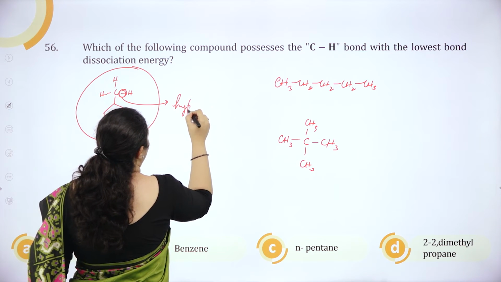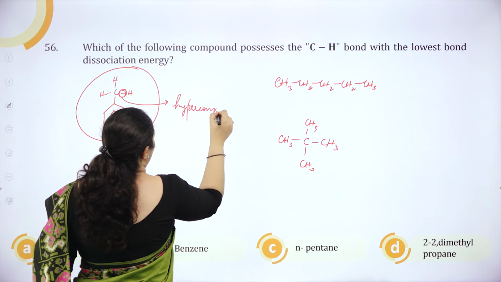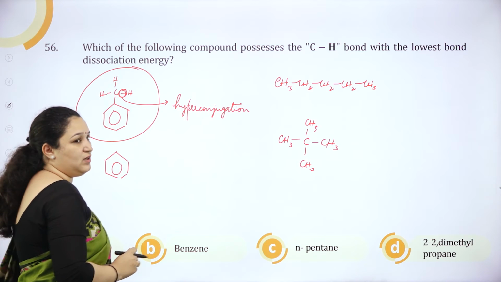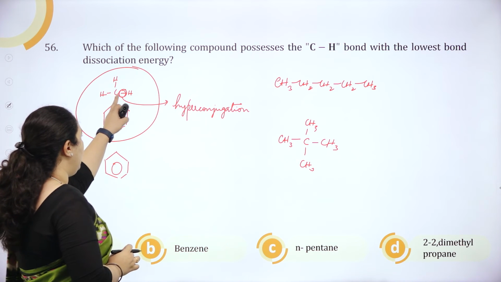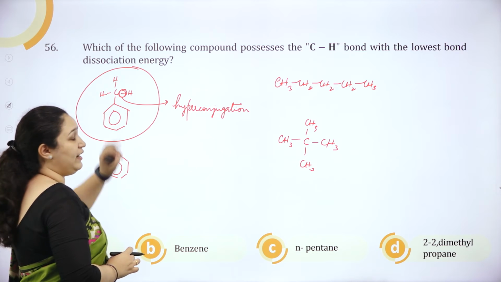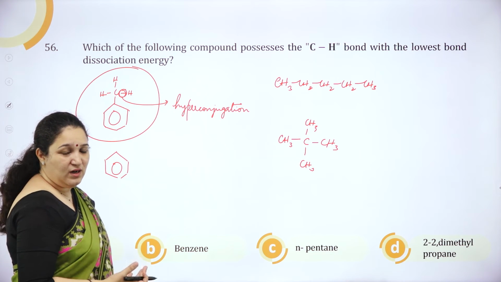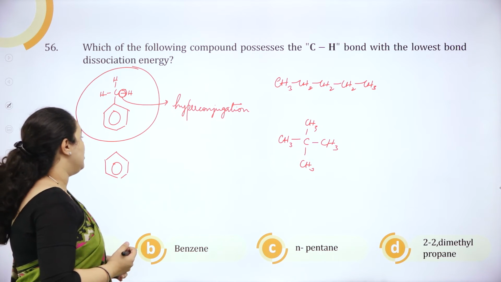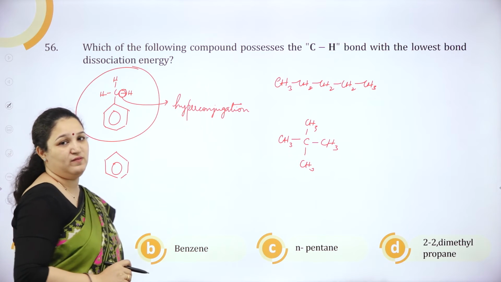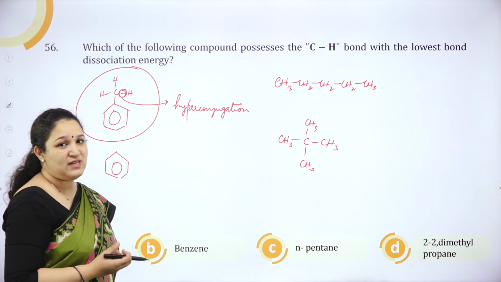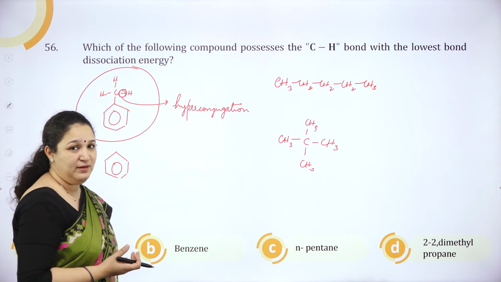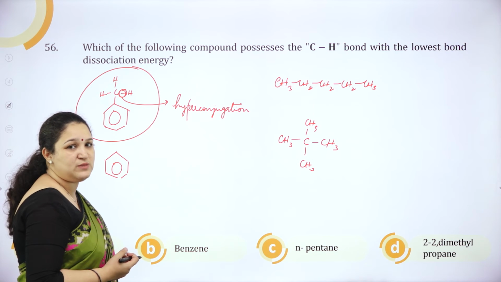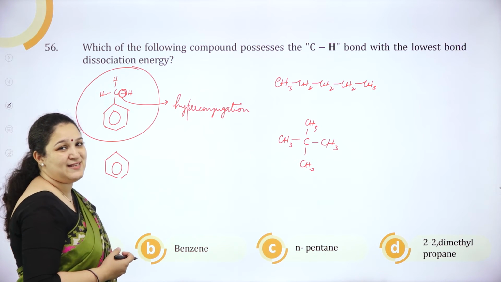The electrons involved in this carbon-hydrogen bond will be involved in hyperconjugation, so it is very easy to break them. So the option is option A, which is toluene. Again, what is hyperconjugation? I have already covered it. So only here hyperconjugation is possible, isn't it? That's the reason it's very easy to break.